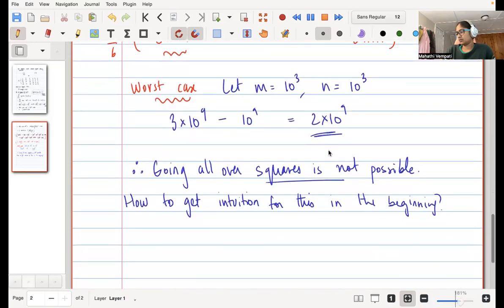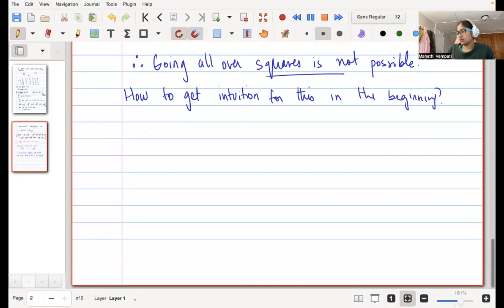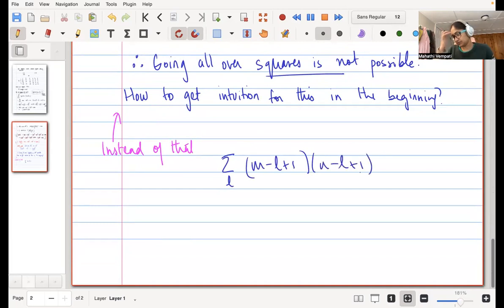Okay. Yeah, I'm nowhere close to even doing the question, but at least instead of that, what I could have done is I had sum over L of m minus L plus 1 into n minus L plus 1, right?